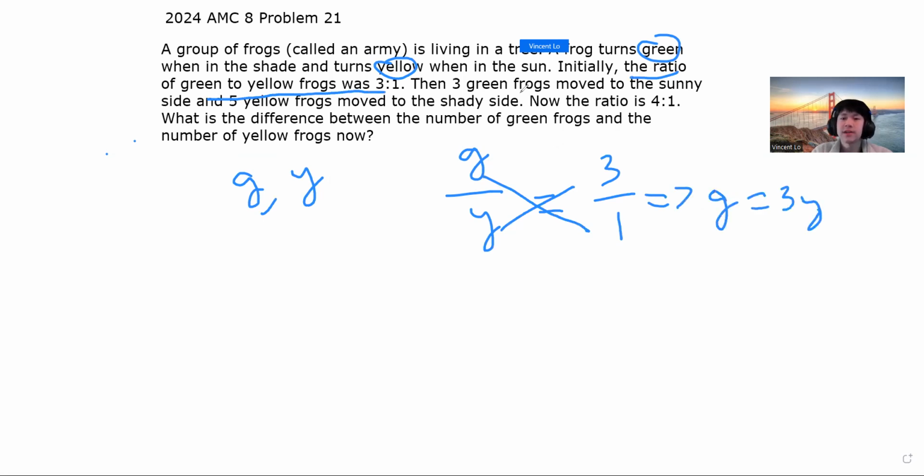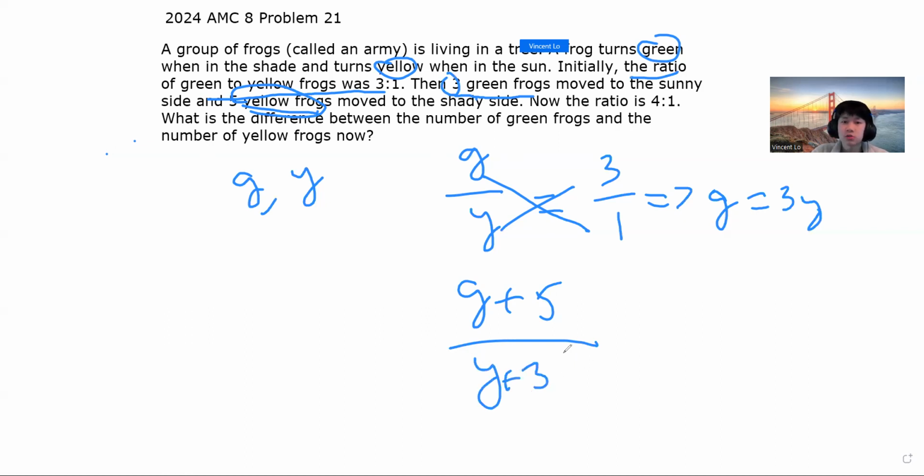Now, the next thing: 3 green frogs moved to the sunny side, and 5 yellow frogs moved to the shady side. When 3 green frogs move to the sunny side, they turn into yellow. And when 5 yellow frogs move to the shady side, they turn into green. So we can write a new equation: G plus 5, because 5 yellow frogs became green, over Y plus 3, because 3 green frogs became yellow.